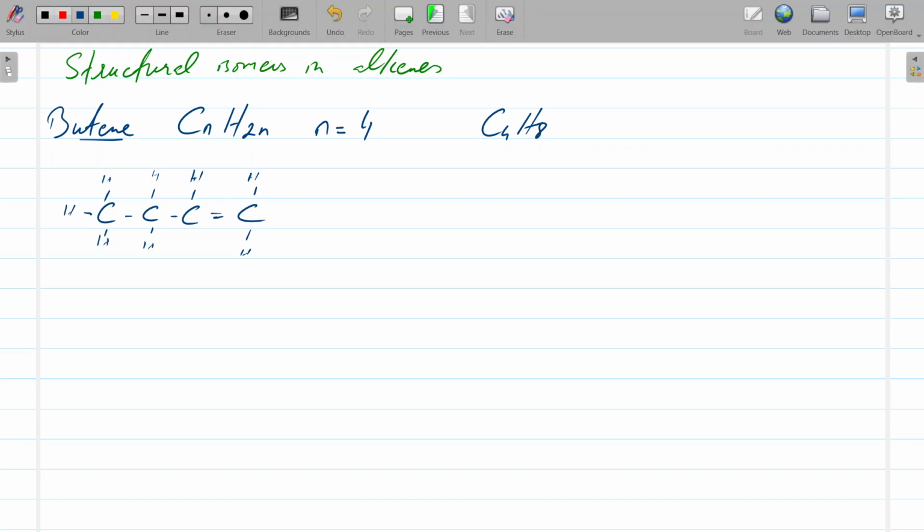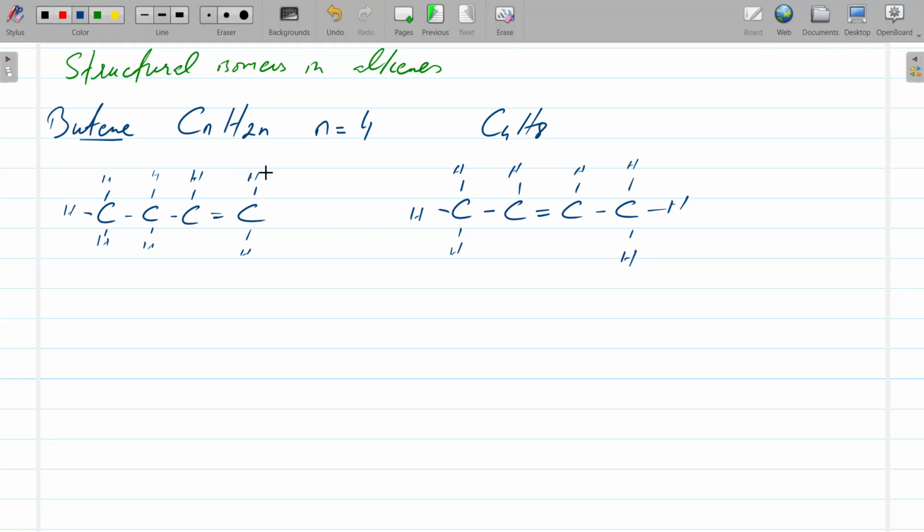Now, what if we go about and do this? In terms of molecular formula, are these two molecules the same? Are they both C4H8?